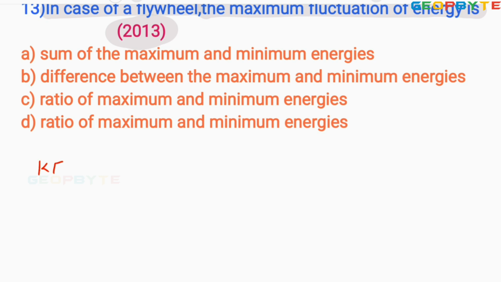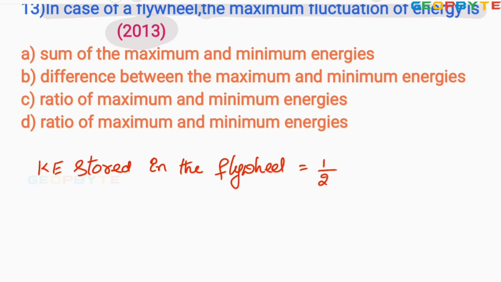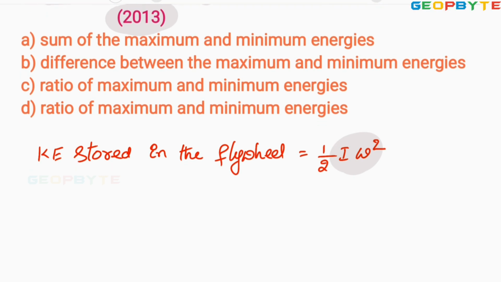So kinetic energy stored in the flywheel equal to half I omega square, where I equal to mass moment of inertia, omega equal to angular speed.